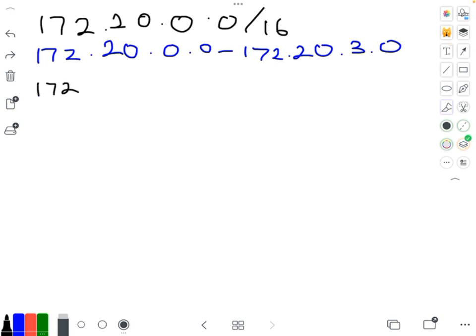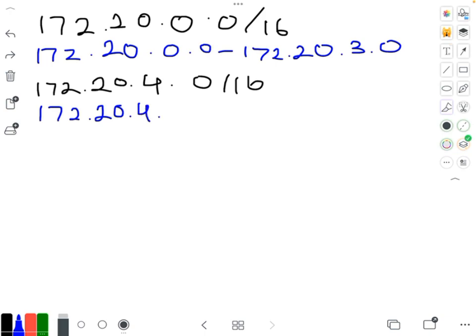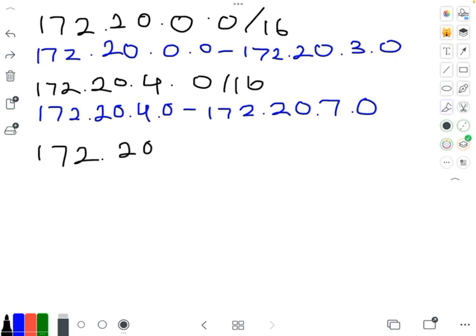For our second subnet, it's going to be 172.20.4.0/22, and the range on this one is going to be 172.20.4.0 to 172.20.7.0. Right, so next one.